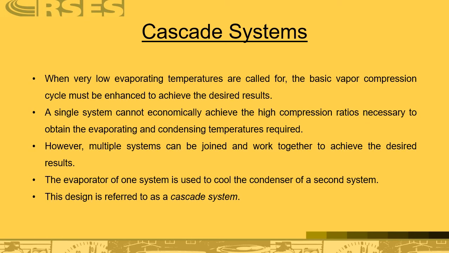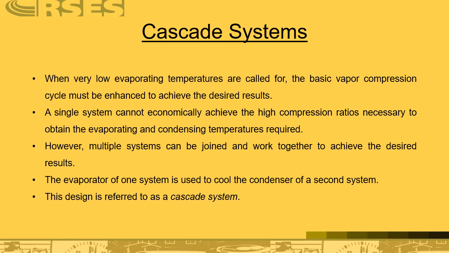Cascade systems. When very low evaporating temperatures are called for, the basic vapor compression cycle must be enhanced to achieve the desired results. A single system cannot economically achieve the high compression ratios necessary to obtain the evaporating and condensing temperatures required. However, multiple systems can be joined and work together to achieve the desired results.